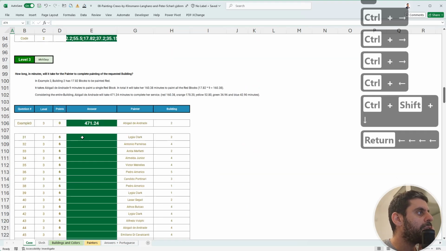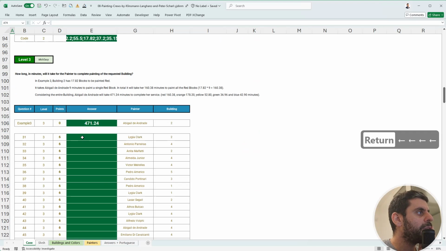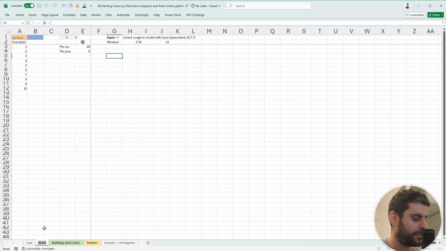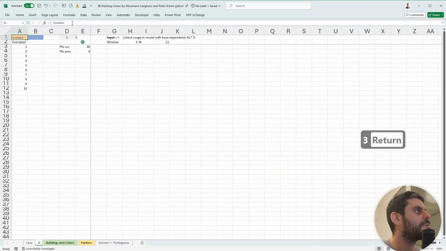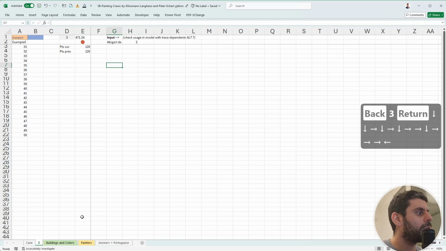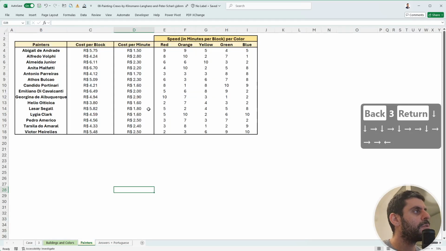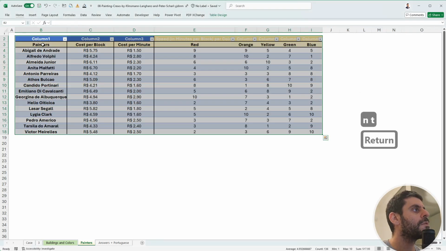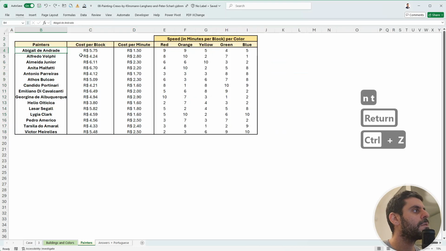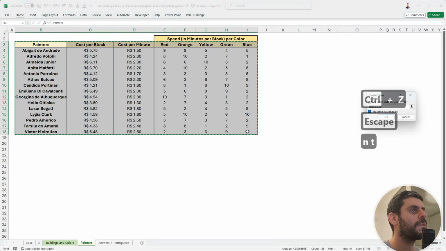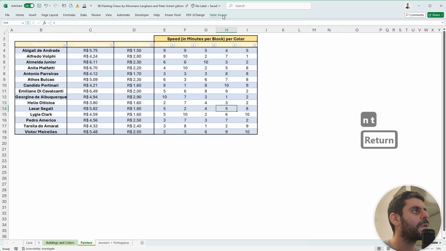How long in minutes will it take for the painter to complete the painting of the requested building? I'm going to probably switch into the solver worksheet. So example 3. So, okay.